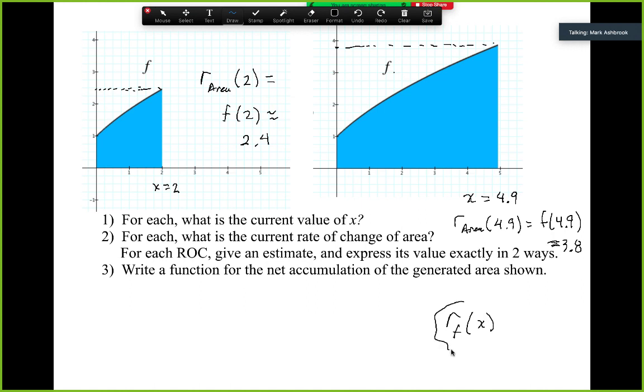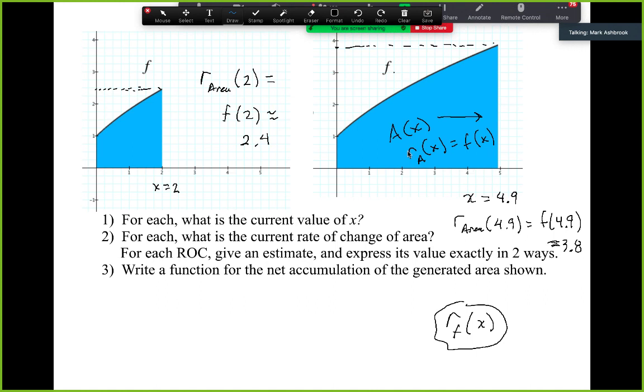The rate of change of f has nothing to do with what we're talking about. The rate of change of area, so we have an area function, right? As this thing grows, the rate of change of that area function is the height, the value of the function f that's defining the top of it.